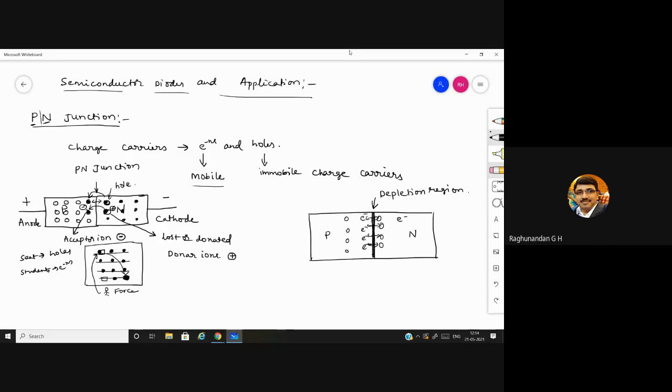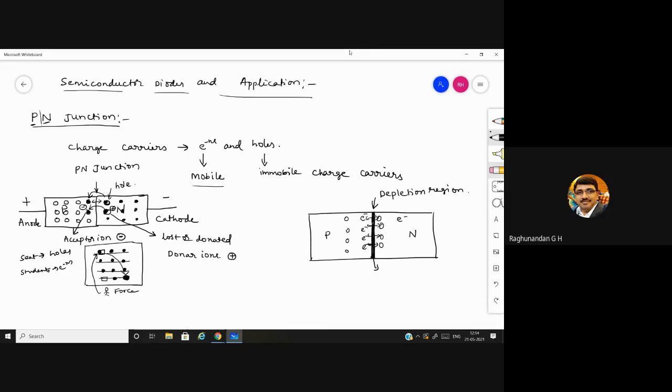Now, can you tell me one thing? I'm telling this junction is opposing. In electronics, what do you call the parameter which opposes the flow of charges? Insulator.